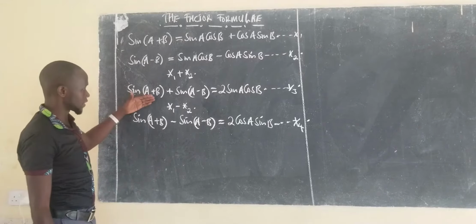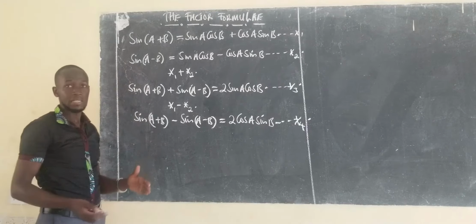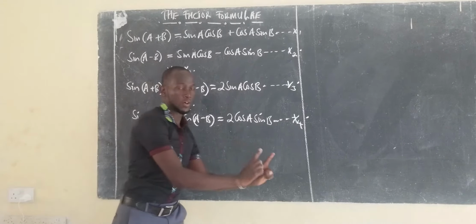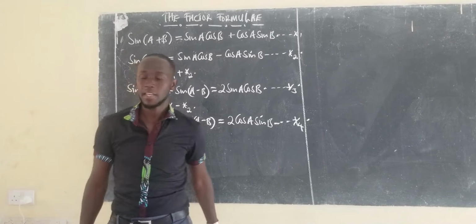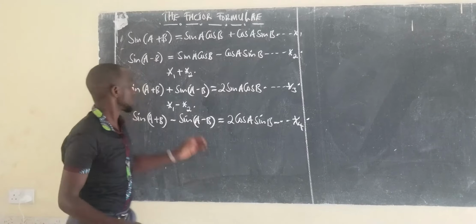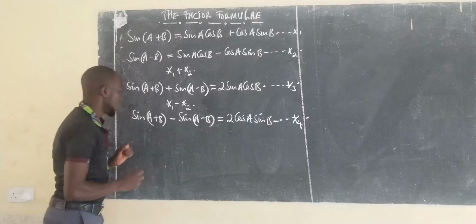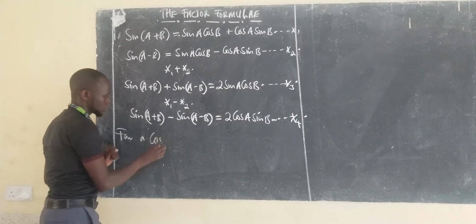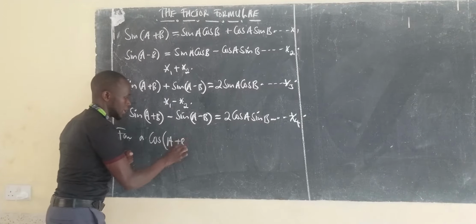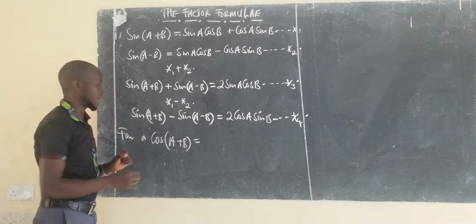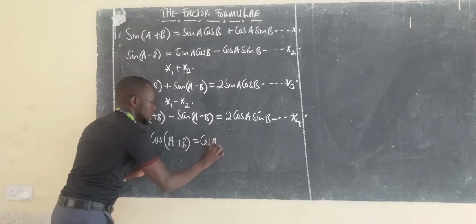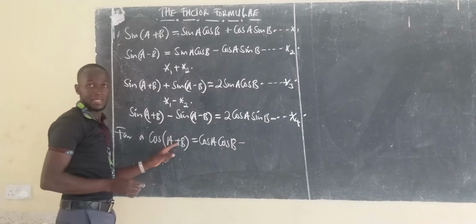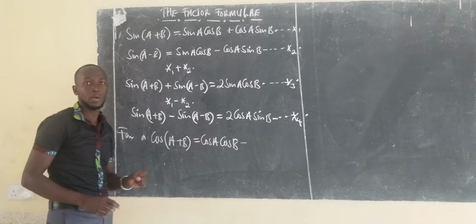When you look at equation 3 and equation 4, it is only sine. But we are talking about compound angles, where you talked about both a cosine ratio and a sine ratio. This is for sine, and that is done. Now, for the cosine of the same angles, A plus B, you say it is cos A cos B. Since it is plus, it changes into a minus.